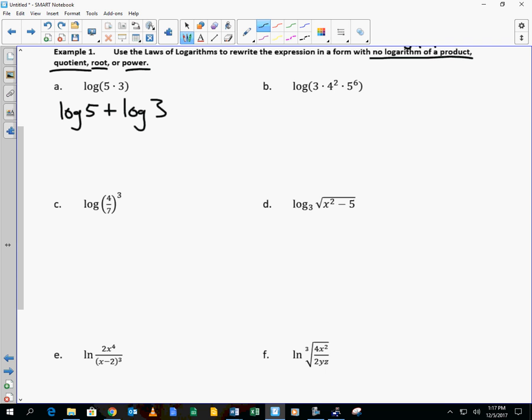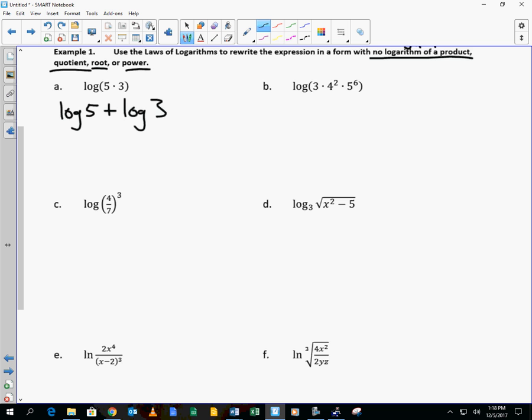We are going to use both the product piece and the power piece, but right now, it is the logarithm of a product. And the reason why is this. When you look at the order of operations, would you take 3 times 4 first, or would you square 4 first? So I would square 4 first and then multiply them. So the last thing we did was multiply. So this is the logarithm of a product.